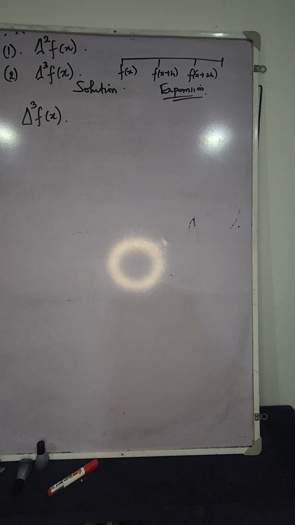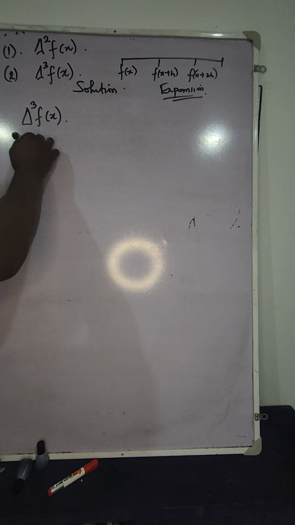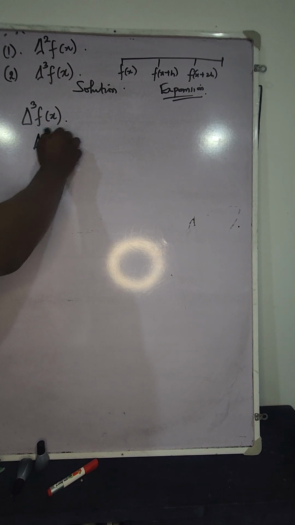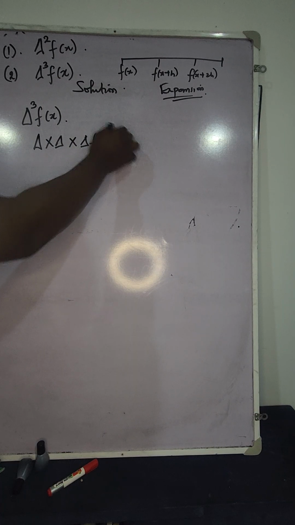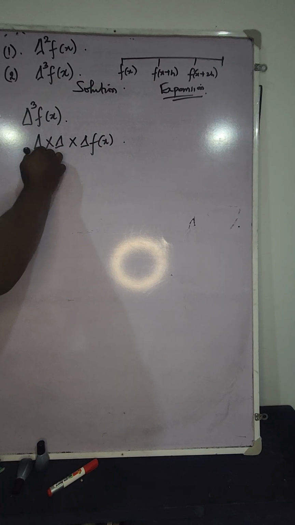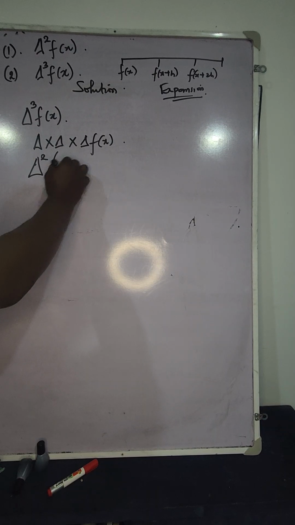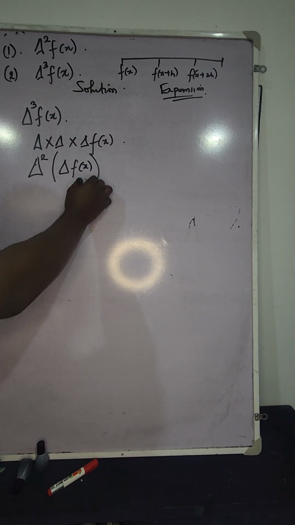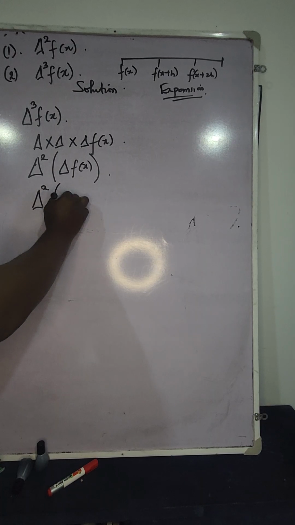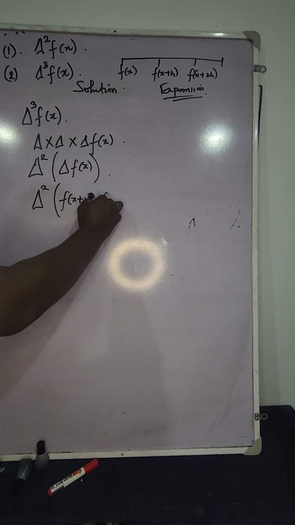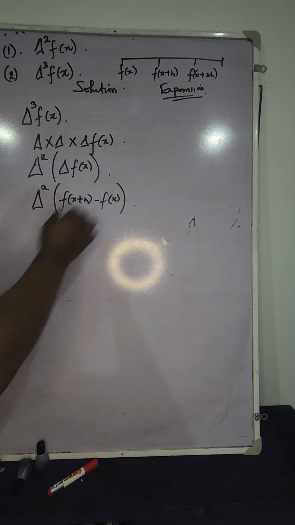What does this mean? It means that I'm saying the forward difference multiplied by the forward difference multiplied by the forward difference of f of x, right? It means I'm saying the forward difference squared into the bracket of the forward difference of f of x, right? It means the forward difference squared of f of x plus h minus f of x. Do you see that?